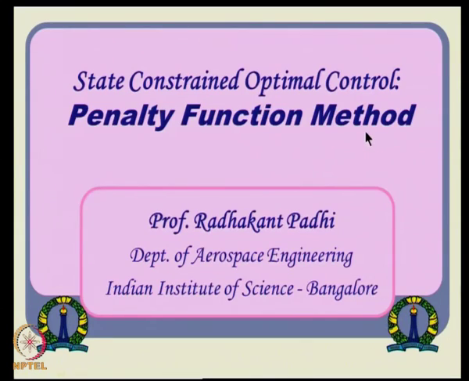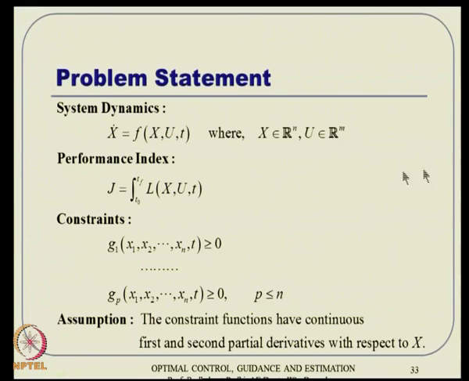The state constraint problem has been studied from a variety of analysis tools, and obviously it is not possible for me to talk about everything. So, I will confine myself to two elegant methods. The first one is the penalty function method. So, let us see what it is. Suddenly you come out of this Pontryagin principle and things like that.